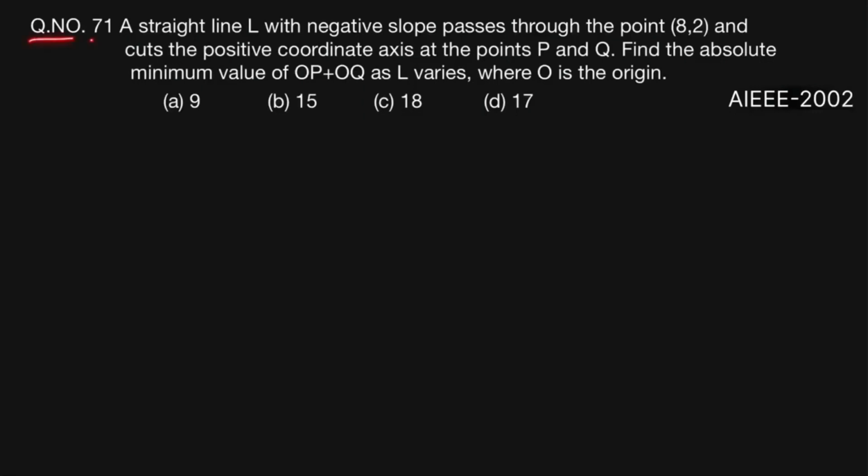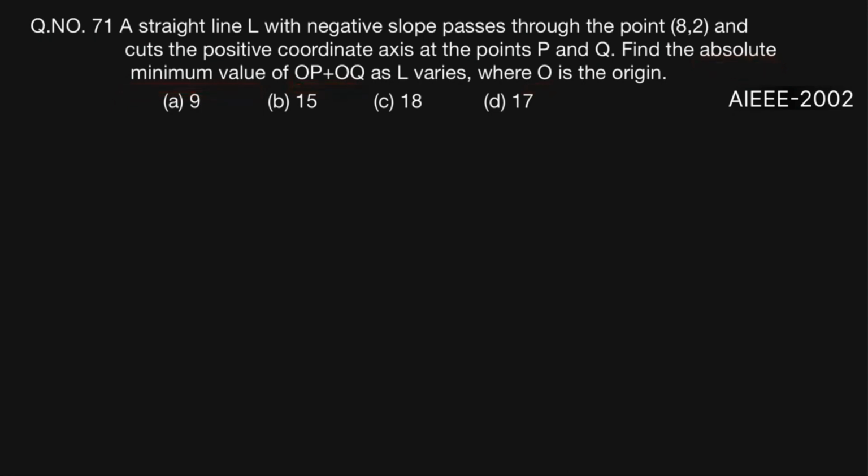Question number 71. A straight line L with negative slope passes through the point (8, 2) and cuts the positive coordinate axes at points P and Q. Then we have to find the absolute minimum value of OP plus OQ, where O is the origin.